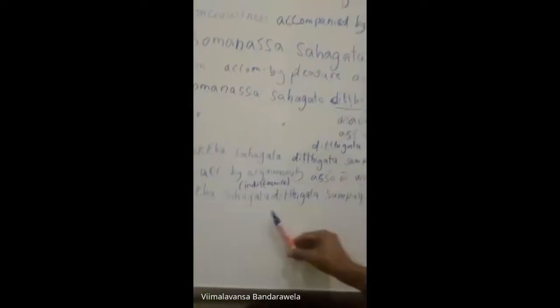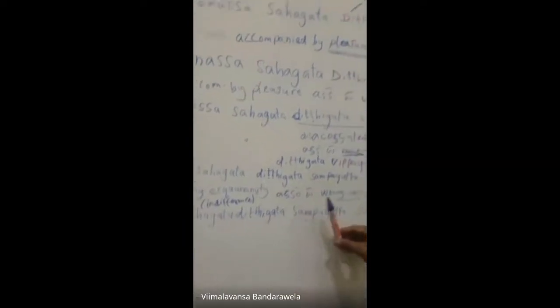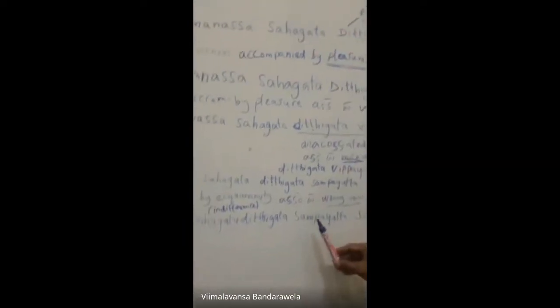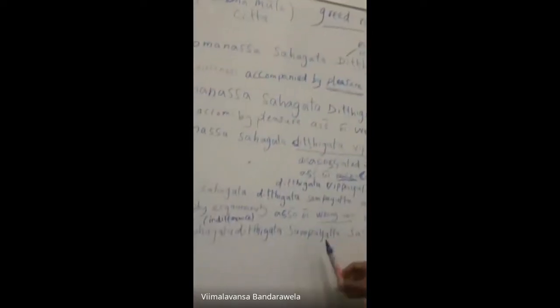The consciousness upekkha sahagata, accompanied by equanimity, dissociated with wrong view. Here, yes, associated with wrong view, right? With wrong view and unprompted. Sorry, prompted.